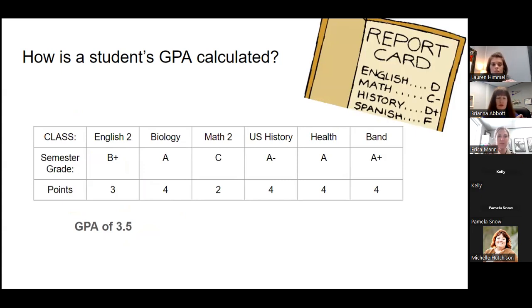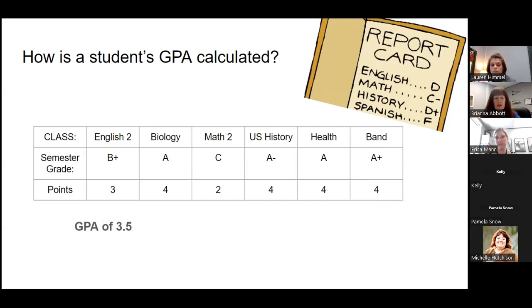So we still give you credit if you got a B+, even though your B+ in English 2 might have been an 89%, and your A- in US history might have been an 89.7% rounded to that A-. You get a 4 in your GPA for an A-, and you only get a 3 for a B+. And so it's really important to maximize as many of your classes as you can to get to that next grade, because it will make a huge difference in GPA.